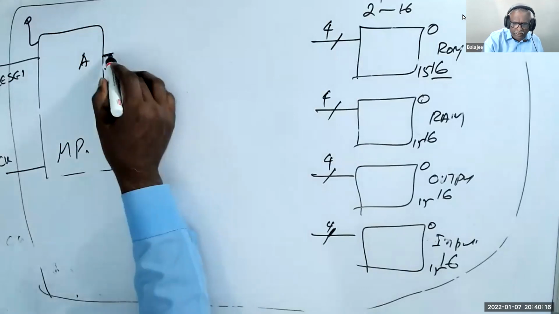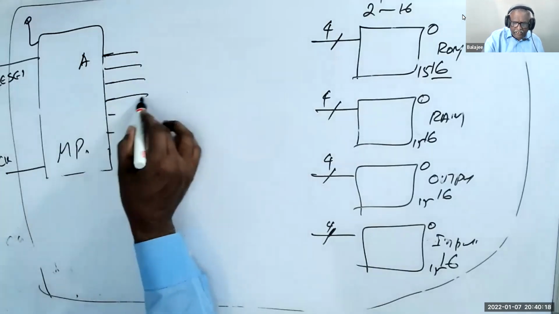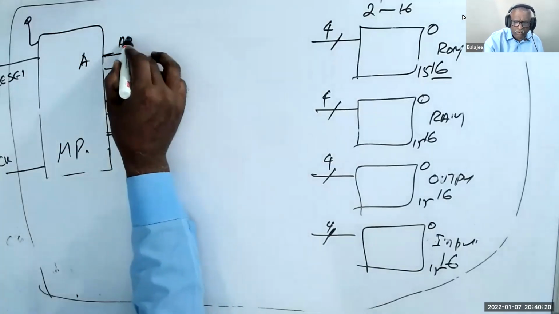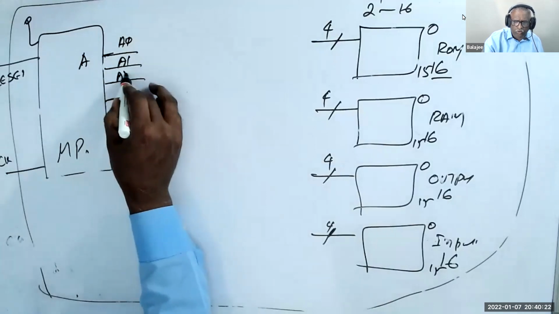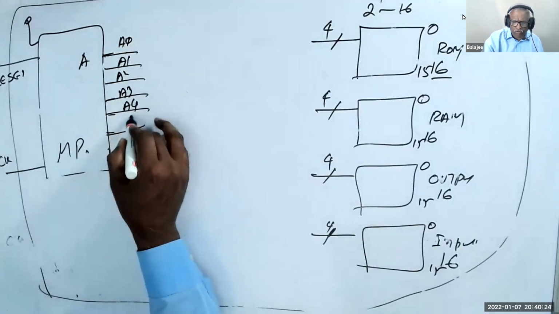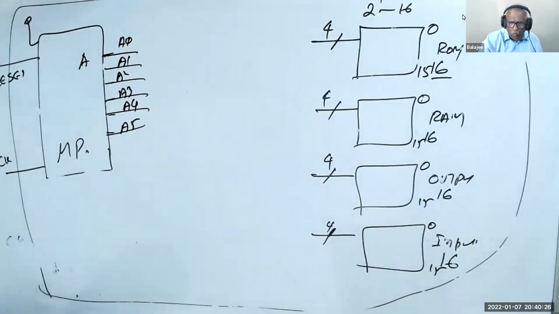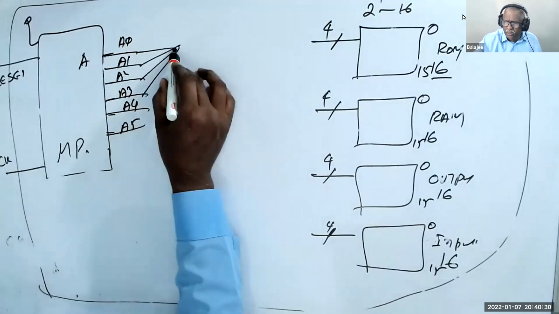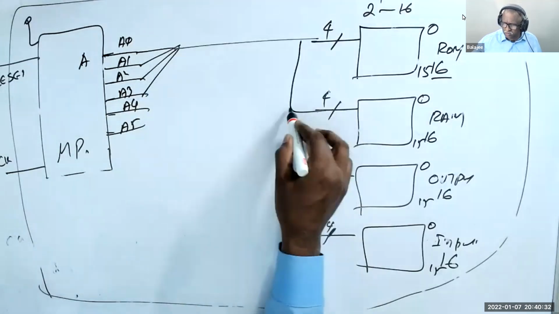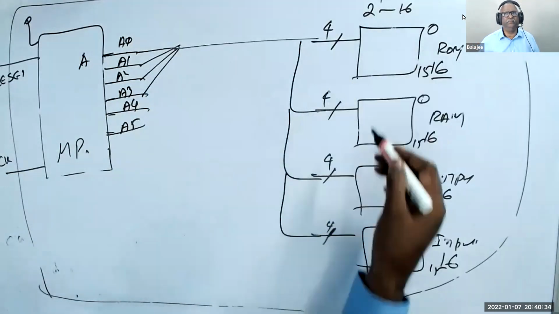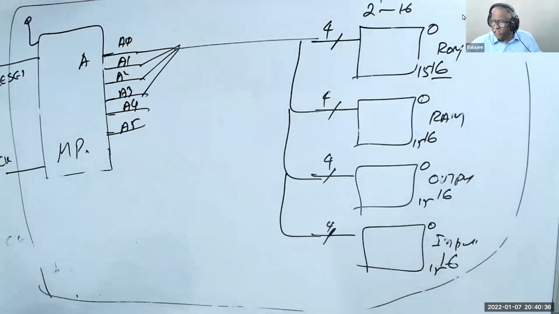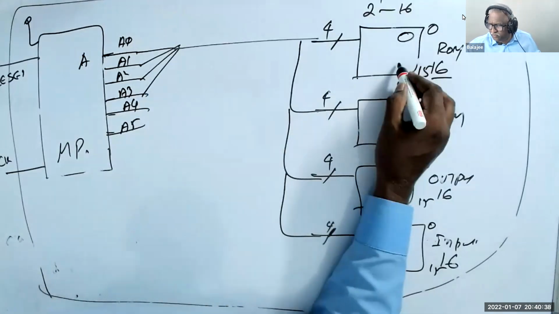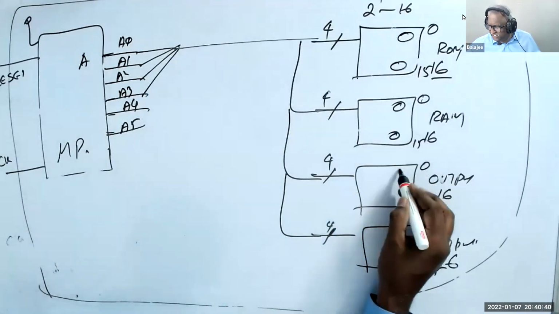Now what I'm getting is A0, A1, A2, A3, A4, A5. I combine these 4, A0 to A3, and connect them to all the chips. Now all are selected. Each one has 16 units internally.